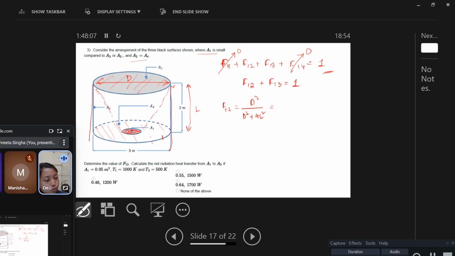The smaller surface was 1, the bigger surface was 2. If you find it out, D is given as 3 meter, and L is given as 2 meter.